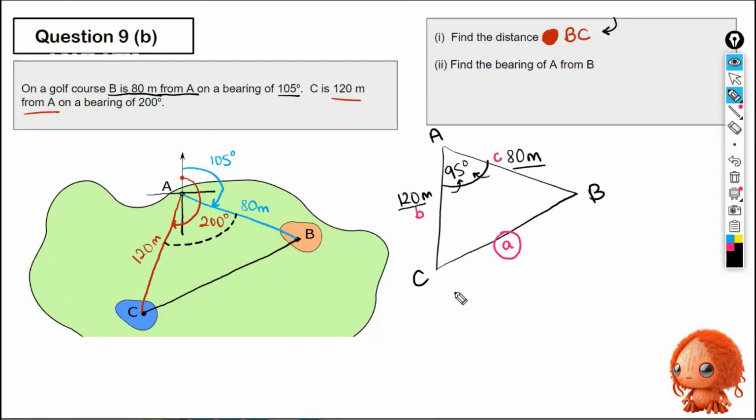So if you're trying to find small a, which is CB, a squared is equal to b squared plus c squared minus open brackets 2 by b by c cosine capital A close brackets. So substitute in your values and solve for a.